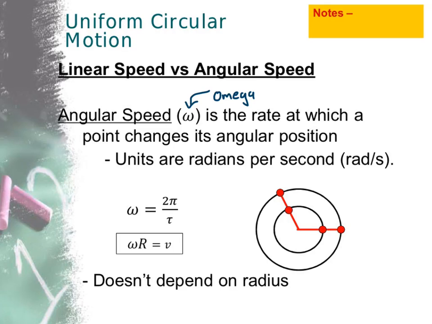The only difference is linear speed has an extra factor of R in it, divided by tau.